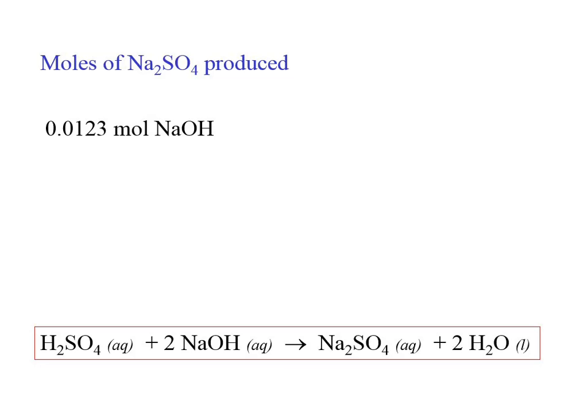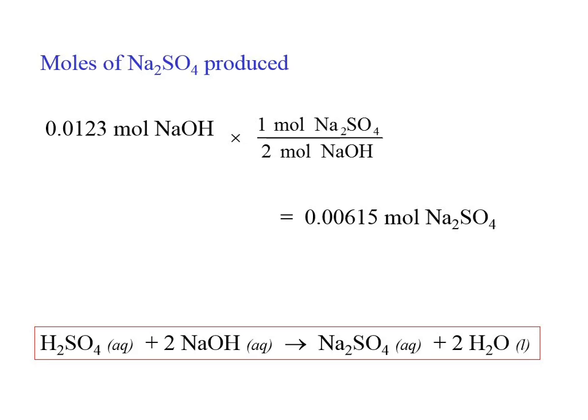So it looks like 1 mole of Na2SO4 on the top over 2 moles of NaOH on the bottom. And then we're done with that part. So looks like we got that same number again, didn't we? Rounding to 3 sig figs, we have 0.00615 moles of Na2SO4, and we're almost done.